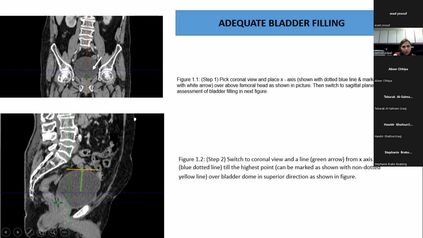This blue line is showing it's just above the femoral head. Then you go to the sagittal axis, and you follow the same blue line, and you measure the distance from this blue line to the dome of the bladder, and you will see how many centimeters the urinary bladder is filled.